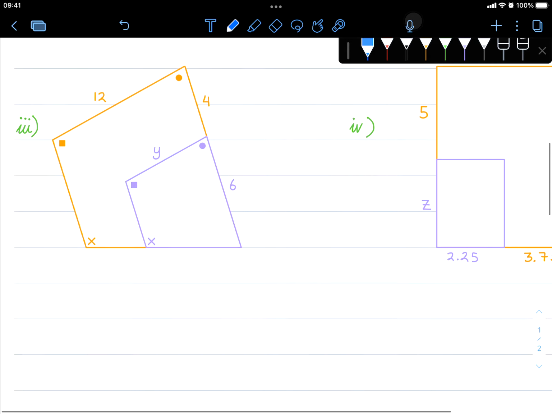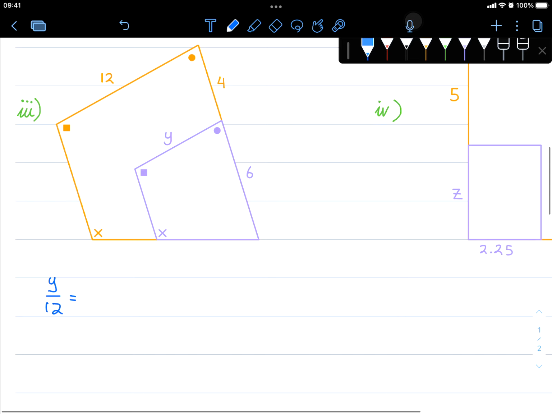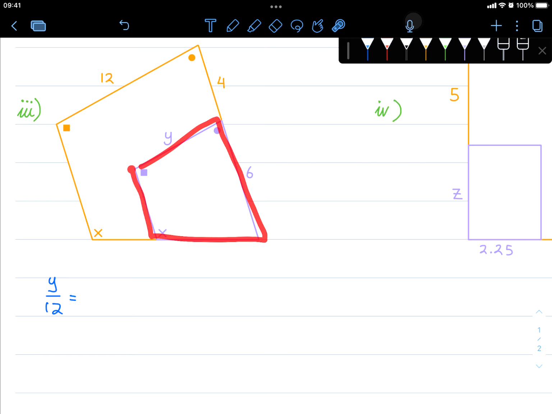In this case, we're trying to look for the side Y. Y corresponds with 12. And once again, Y is the smaller shape, so the purple.